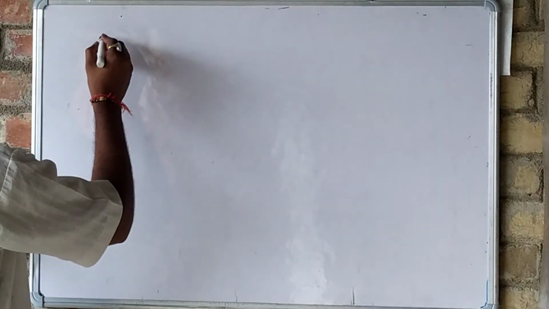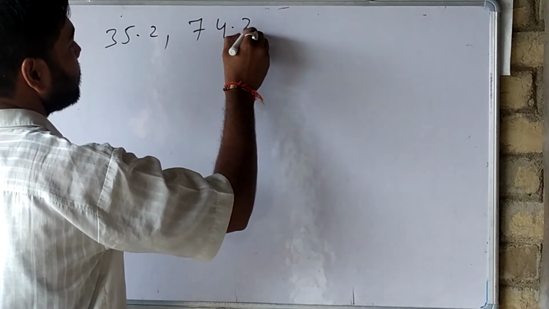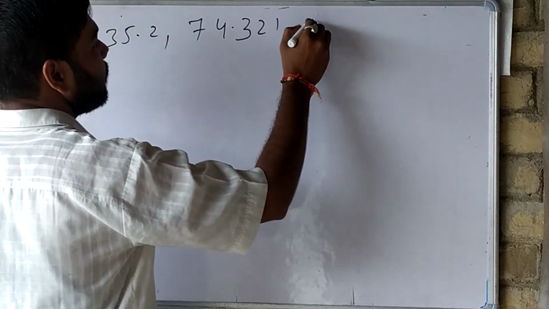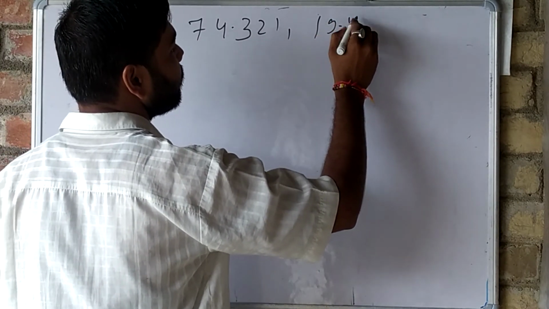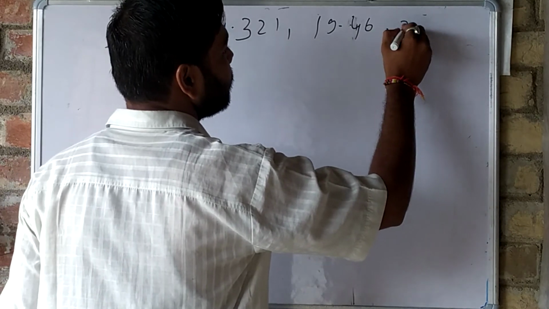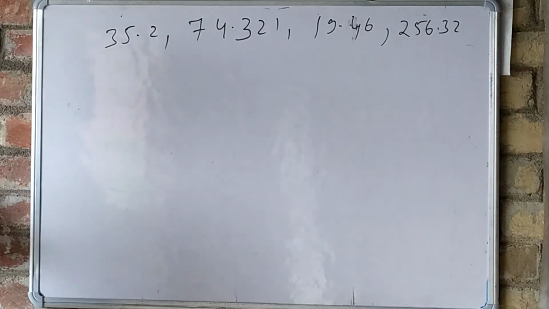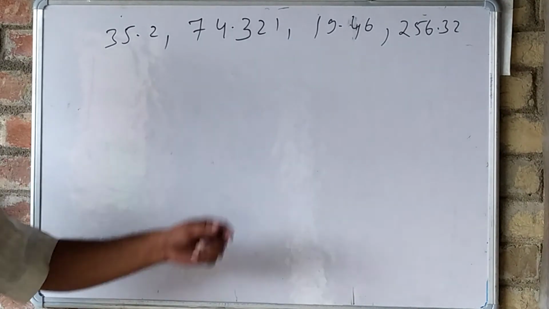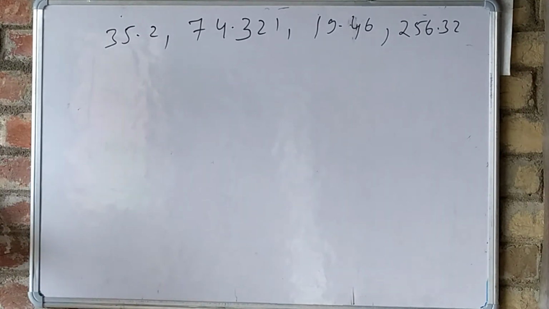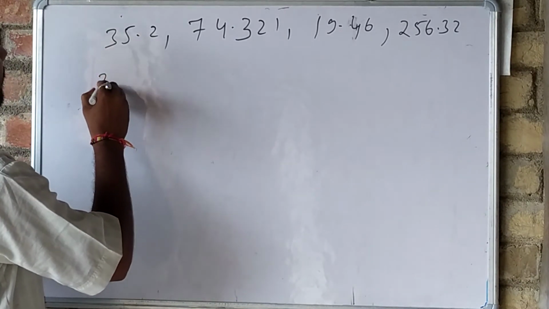It is like we have 35.2, 74.3, 321, 19.4, 19.46 and 56.32. If we have these values and we have to arrange them in ascending order, what we have to do is first convert them into like fractions.